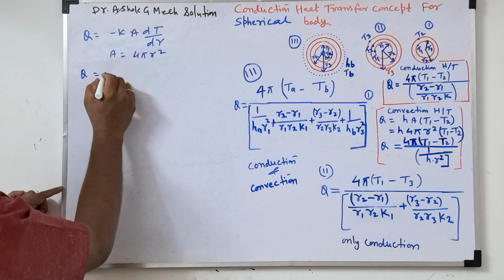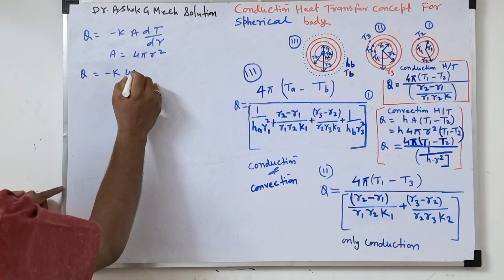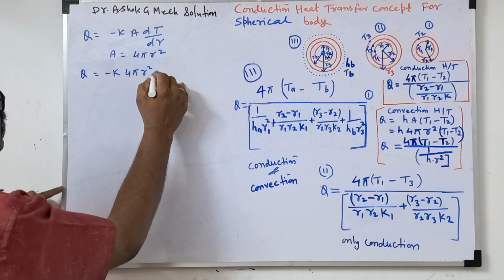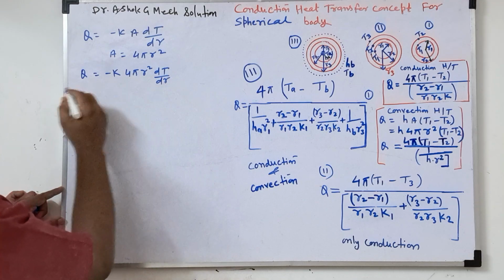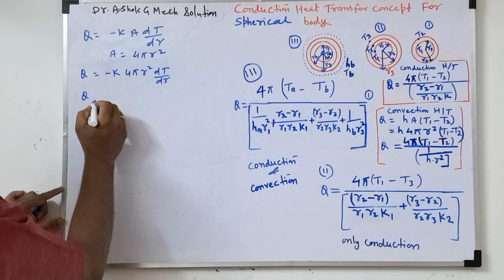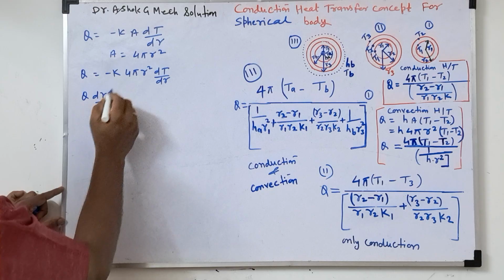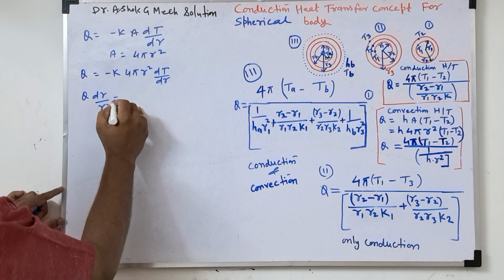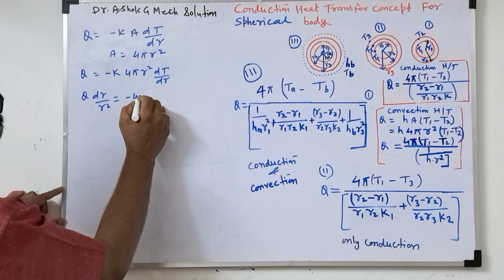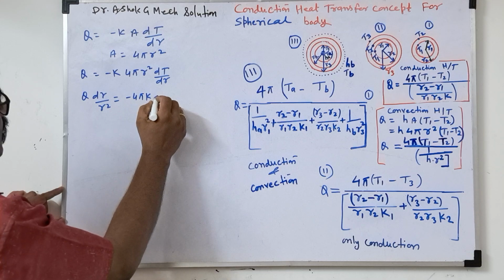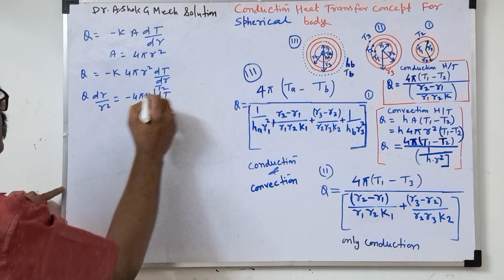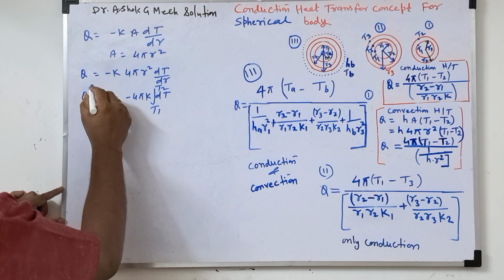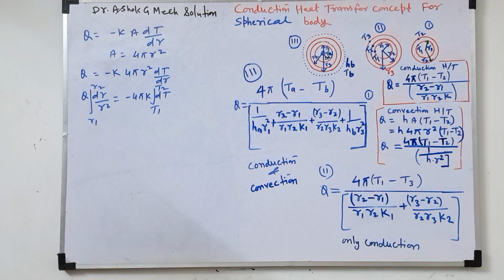Q is equal to minus k 4 pi r square dT by dr. Now we'll separate the variables: Q dr by r square is equal to minus 4 pi k dT. Integrate r1 to r2 on one side and T1 to T2 on the other, upper limit and lower limit.